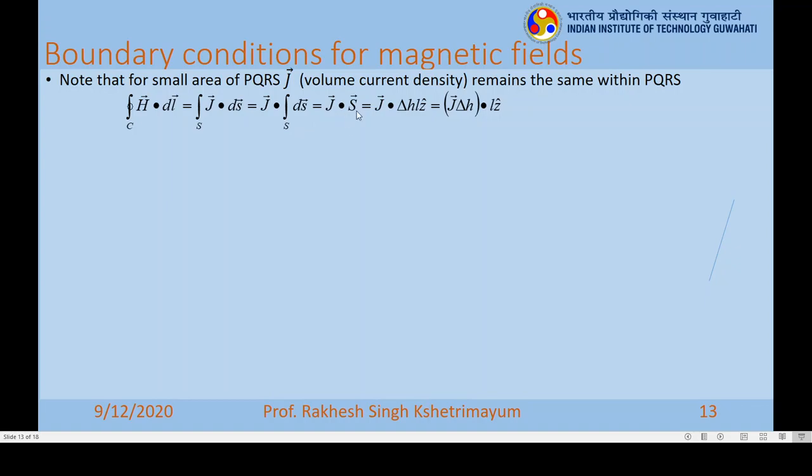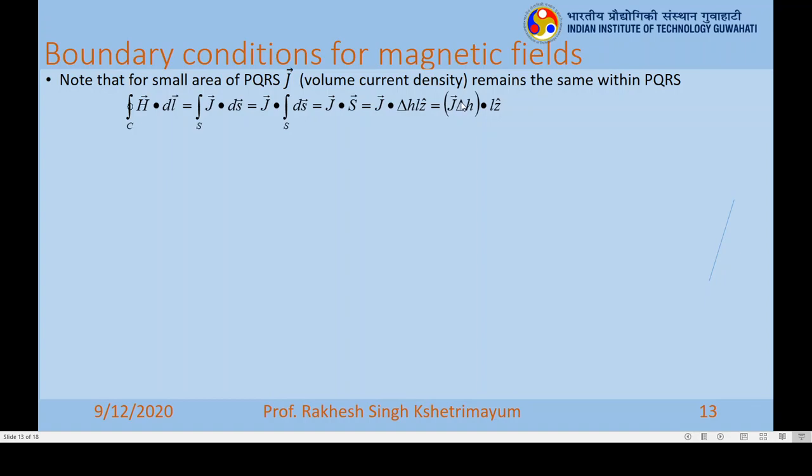What is the area of this PQRS? It was delta H into L, and this was existing in the XY plane. So the normal to the XY plane is along the Z axis. So we have J dot delta H L z hat.